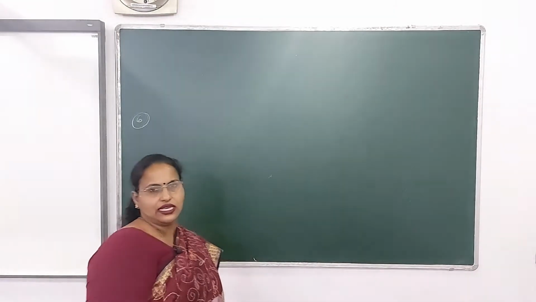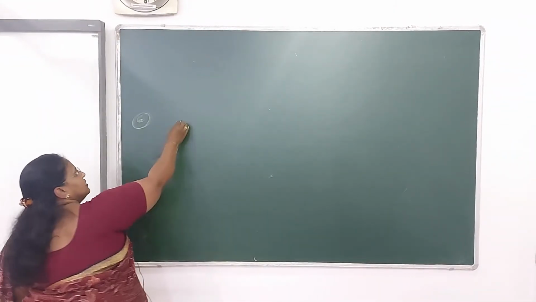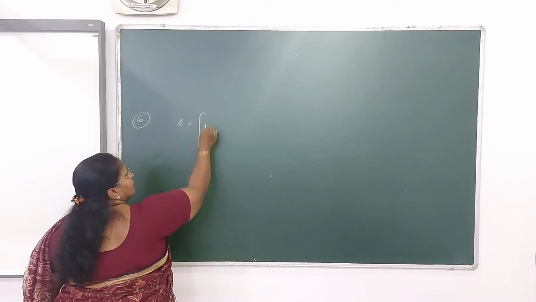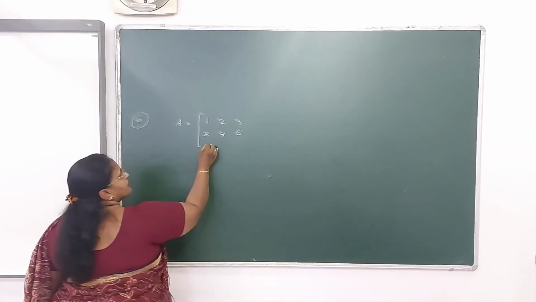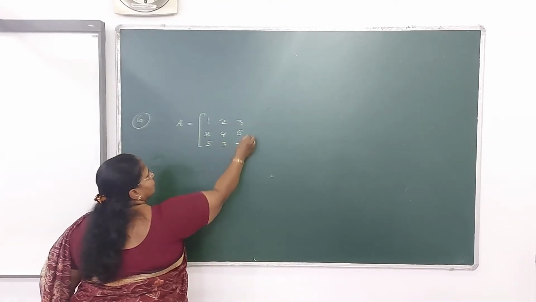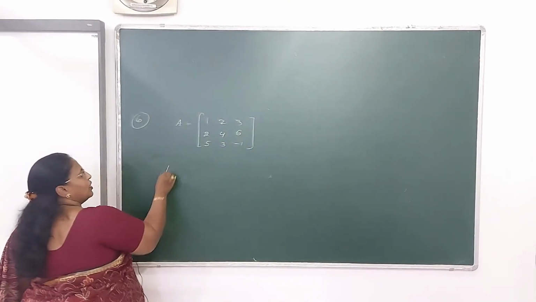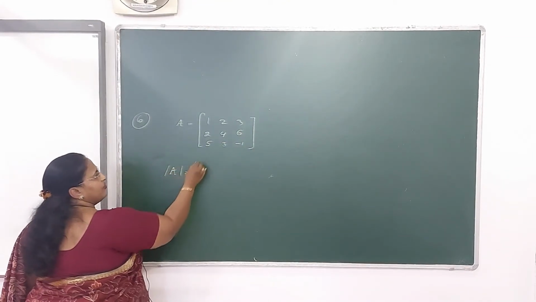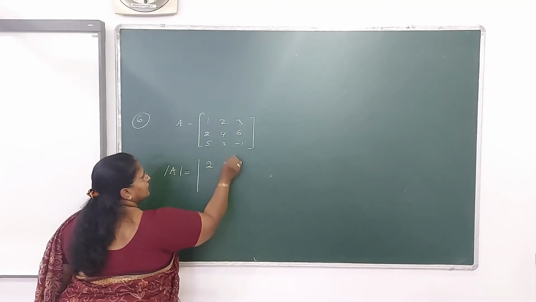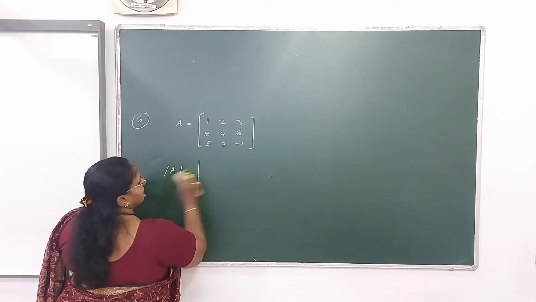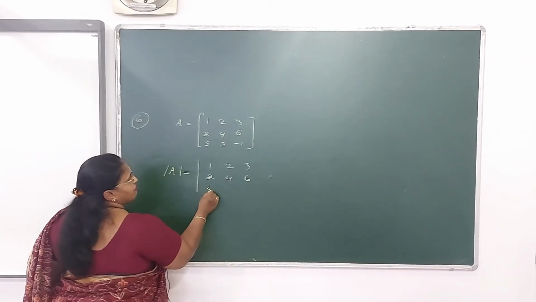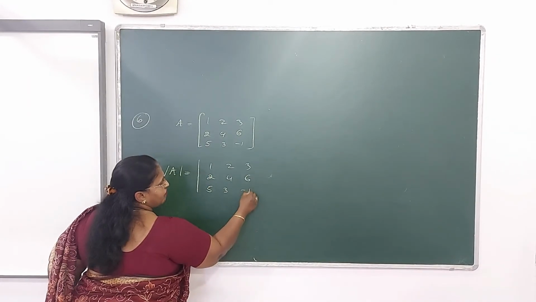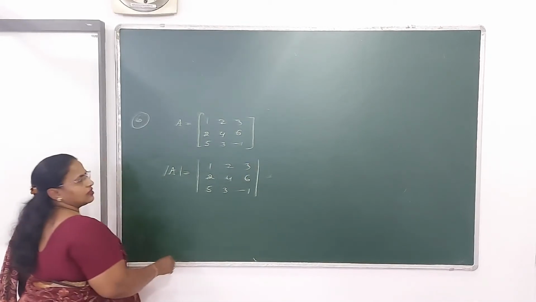What this property says, just see this. Consider a square matrix here: 1, 2, 3, 2, 4, 6, 5, 3, minus 1. Now what about the determinant of this? The determinant will be 1, 2, 3, 2, 4, 6, 5, 3, minus 1.